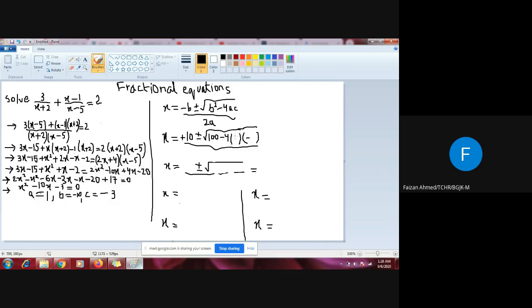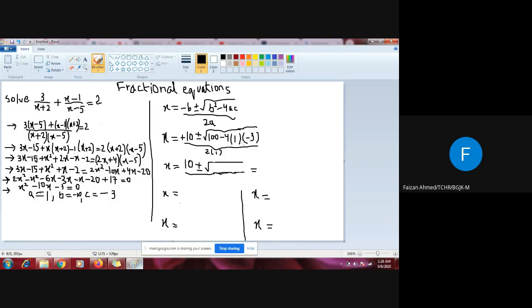What is the value of a? The value of a is 1, and the value of c is 3. And don't forget to write 2a. A is 1, so I will write 1 in bracket. And now again this will be 10, and this will be 100, and this minus and minus will become positive.